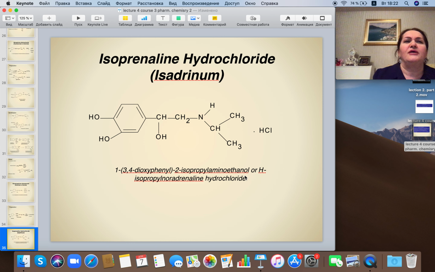You must know that the L isomer has more activity than the D isomer, and its activity is 15 times more than the isomer for epinephrine.